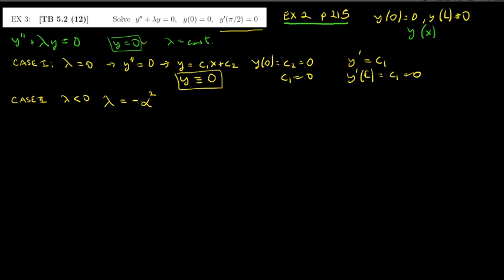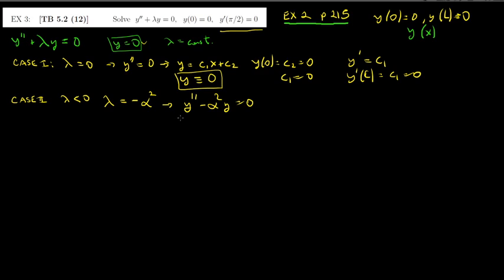And when you square it, it's positive, and then this negative just takes care of the fact that we know lambda is negative. Okay, so by making this substitution, the differential equation becomes y double prime plus negative alpha squared, so that's going to be minus alpha squared y equals 0.